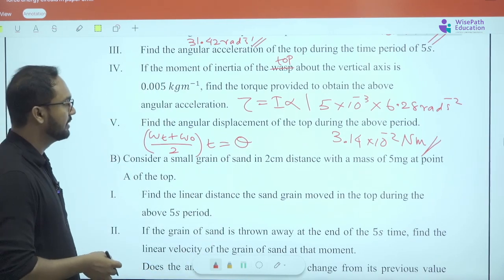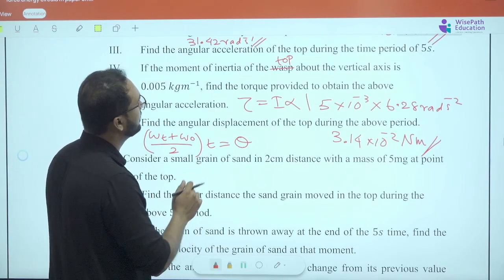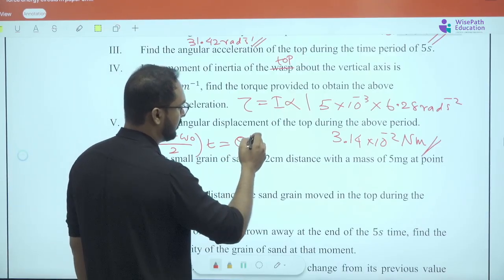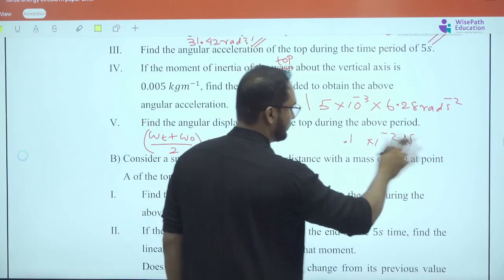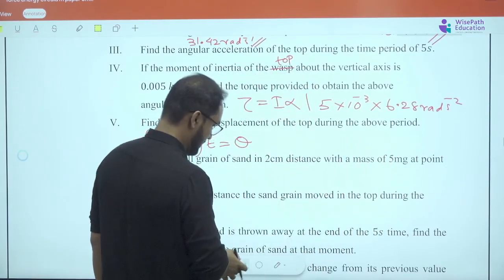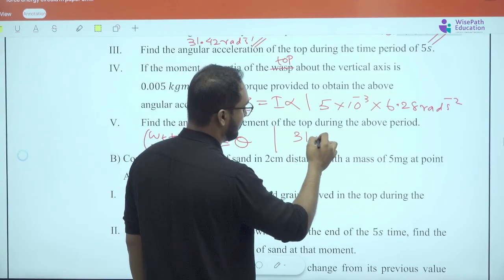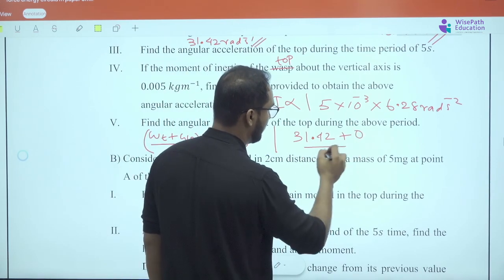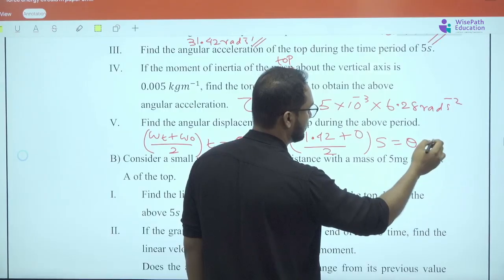So what is the final angular velocity? 31.42. I'll erase this for now. 31.42 plus 0 divided by 2 multiplied by 5 equals theta. So what's the theta now?